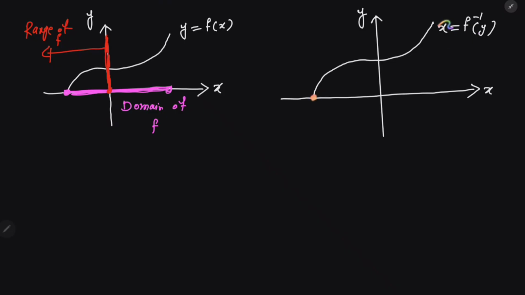On the other hand, what happens in the inverse function? This value up to this value over here, this line represents the range of f inverse.